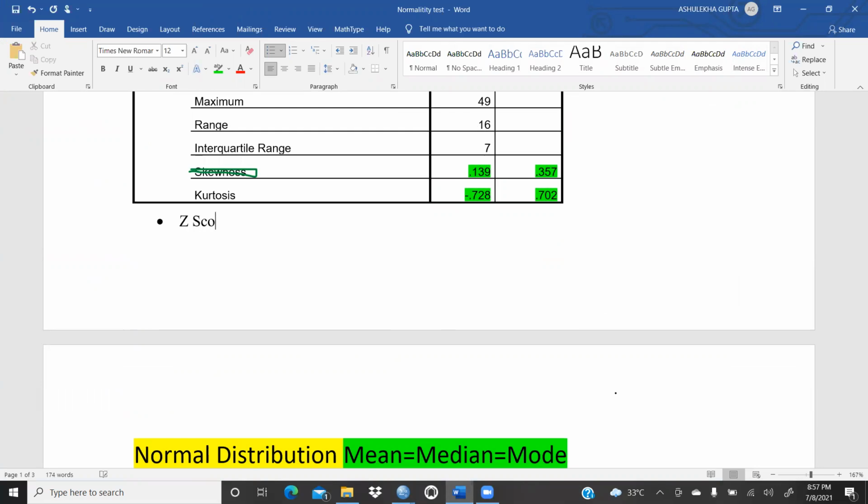So this is 0.139 divided by 0.357, right? We want to get this value, 0.39, divided by 0.357.